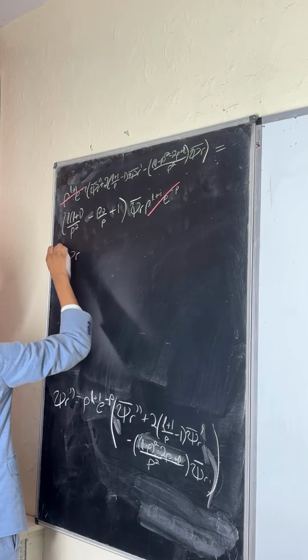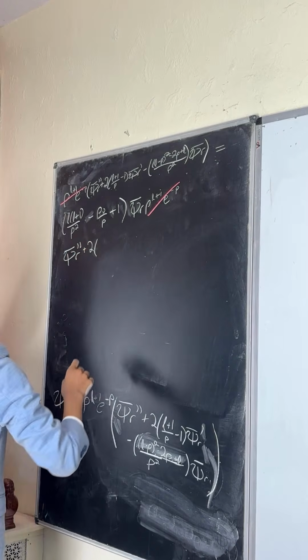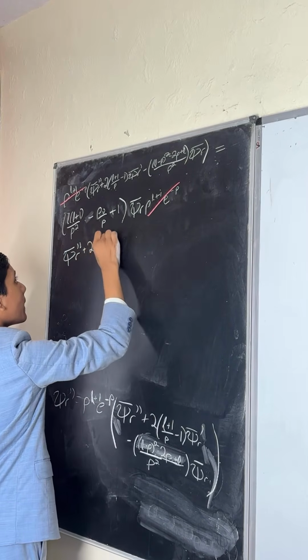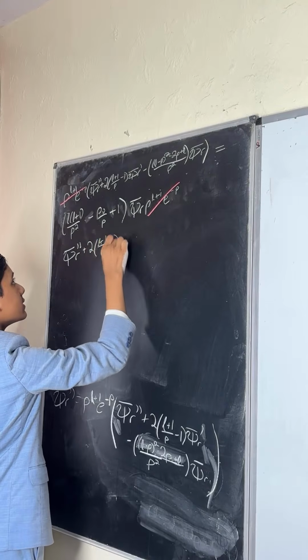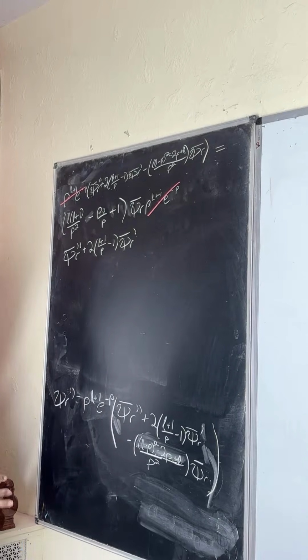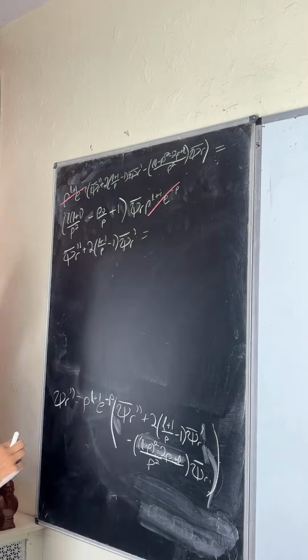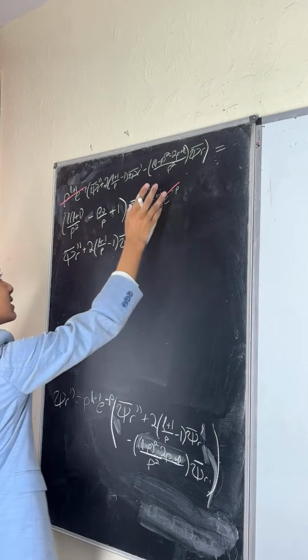psi r over line double prime plus 2 times L plus 1 over rho minus 1 psi r over line single prime. The behemoth is coming. This is going to give us, well, we move this to that side.